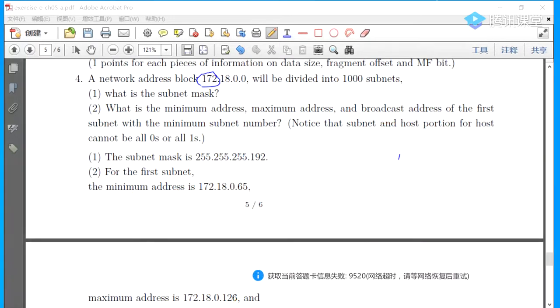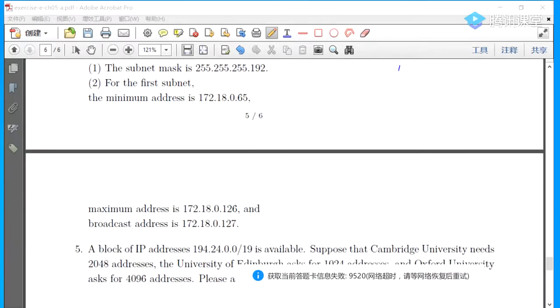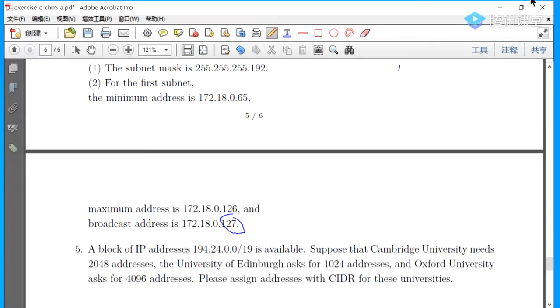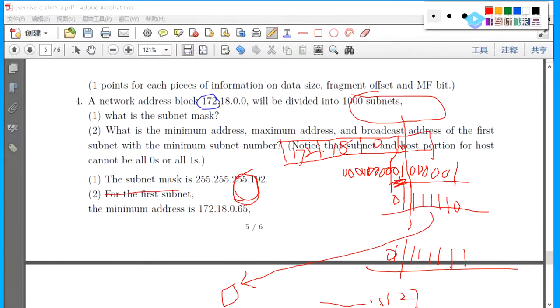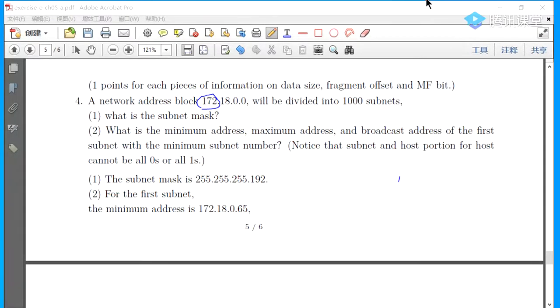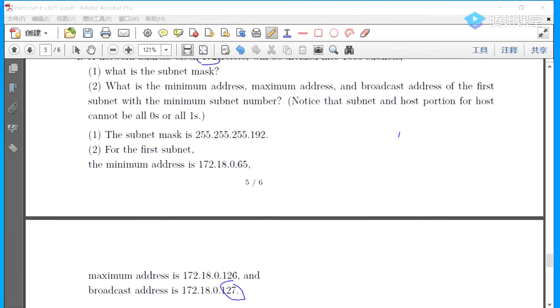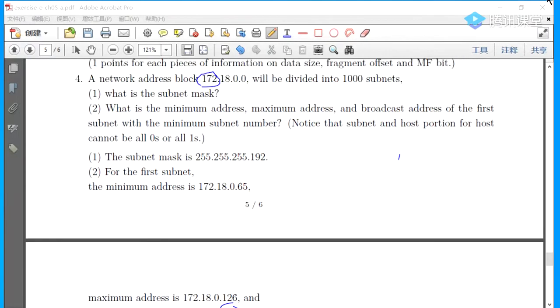Do you understand? 127, right? Do you understand?